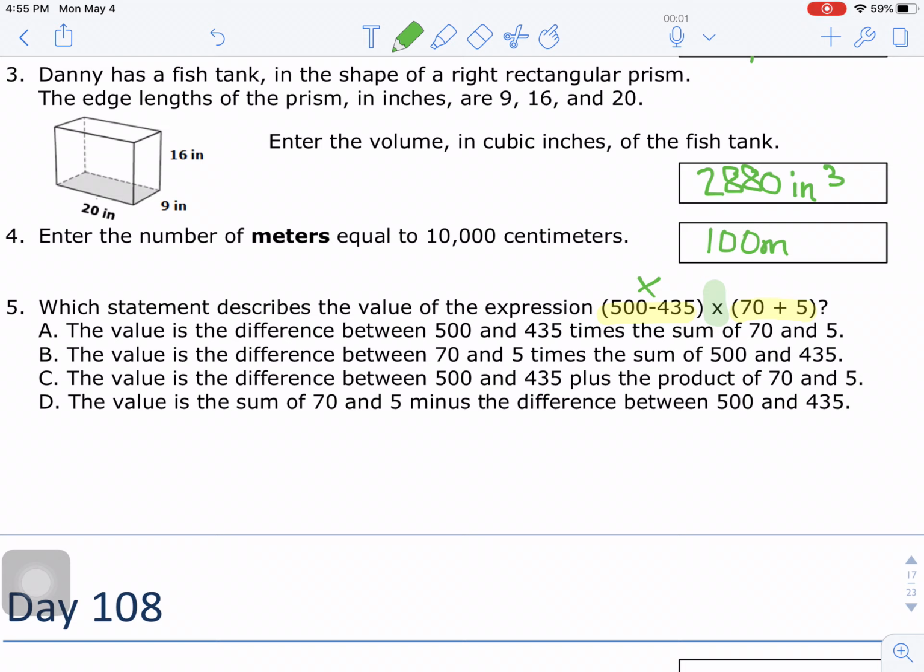If we look at the second set of parentheses, that's the sum of 70 and 5. And what am I doing to those? I'm timesing them. So there we go. One of the things when we have these types of problems, we want to think about what's in parentheses and think of our math action words.